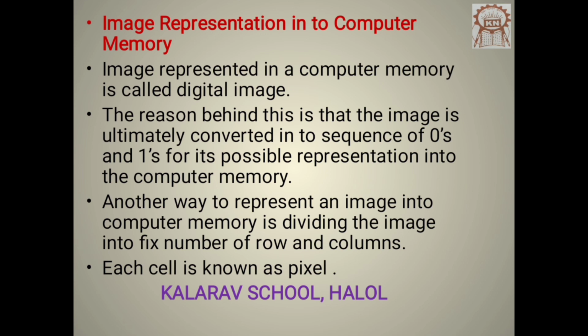If you divide the image using more rows and columns, very fine information about the image can be stored and hence the quality of the image increases. The set of pixels, normally in the form of a two-dimensional array, is stored in computer memory as a raster image or raster map.